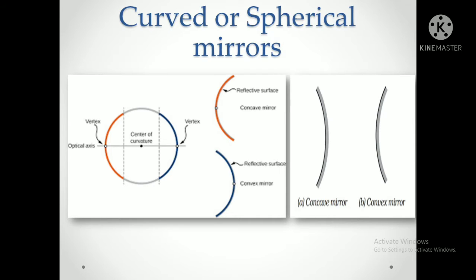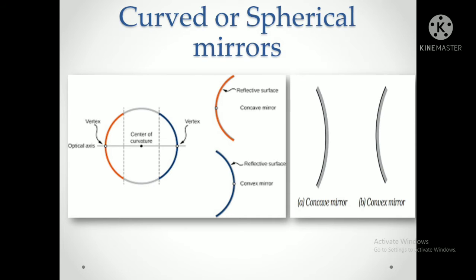Now, when the reflective surface is inside, that is the concave mirror. Means the inner curved surface is the reflective surface, that is the concave mirror. And when the reflective surface is outside, that one is the convex mirror. Okay, so two mirrors we will study.